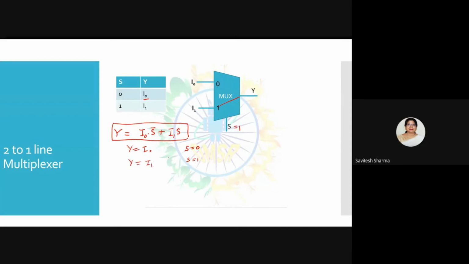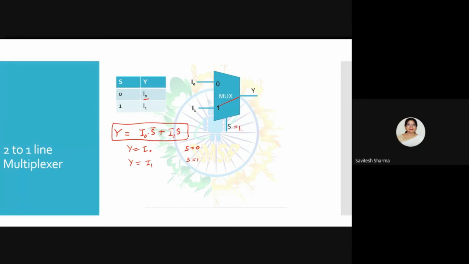So in both cases you can check in the expression, put S equal to 0 first, or S equal to 1, and you will get Y equal to I0 or Y equal to I1.